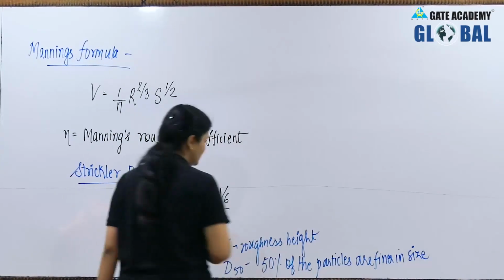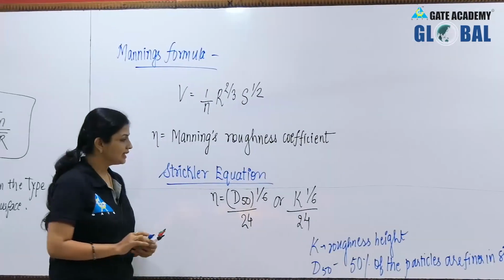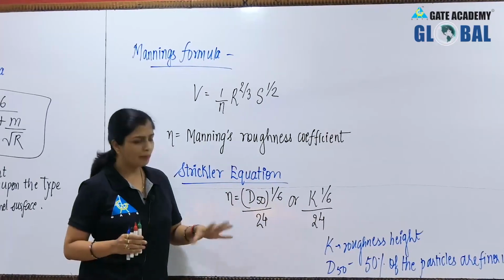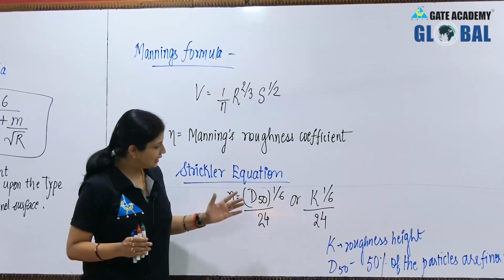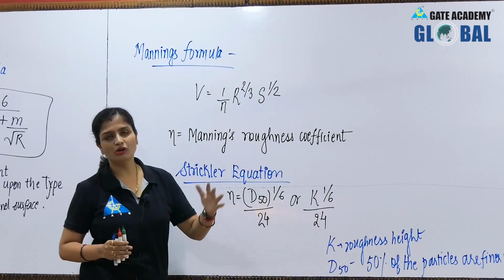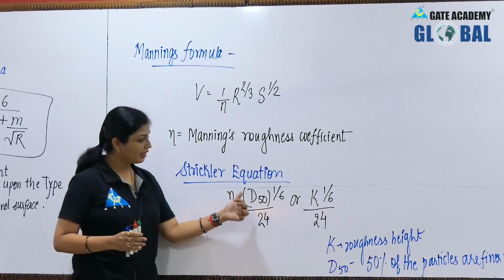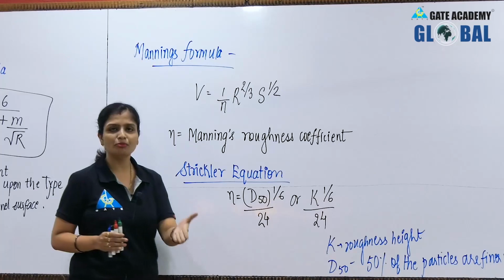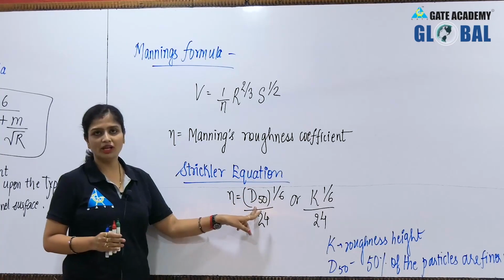The most important thing is, since it is an empirical formula, what happens in an empirical formula? These end results are derived with a lot of experiments and research. So whatever units have been specified, you have to convert your given problem units to this formula's units.